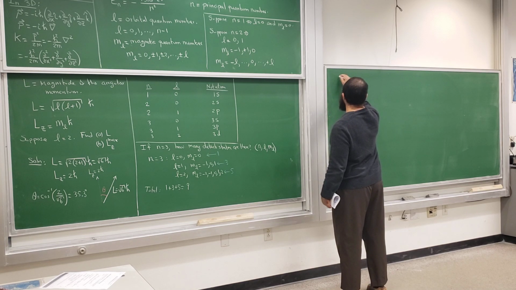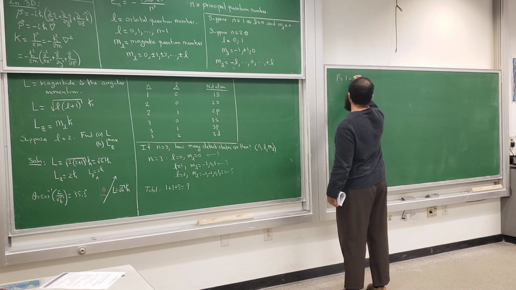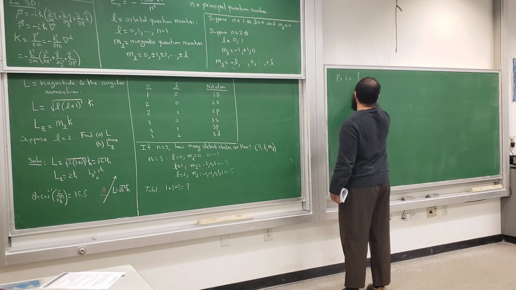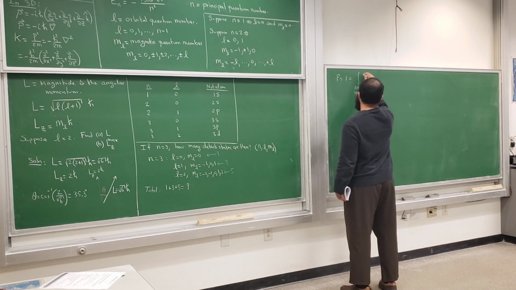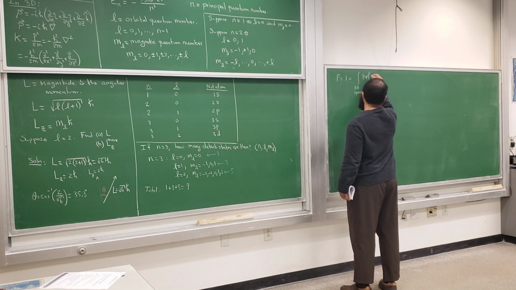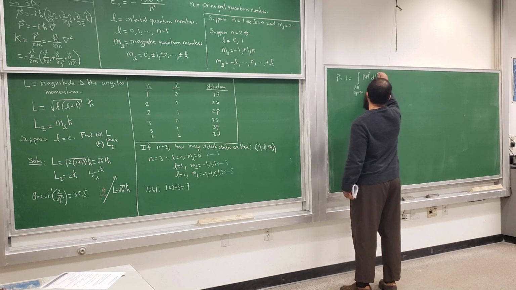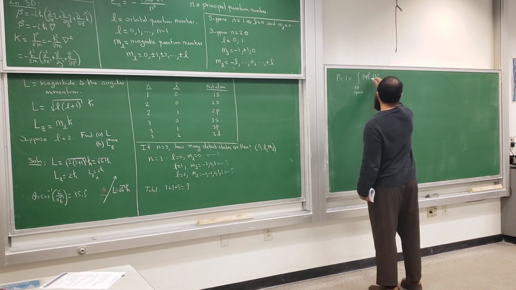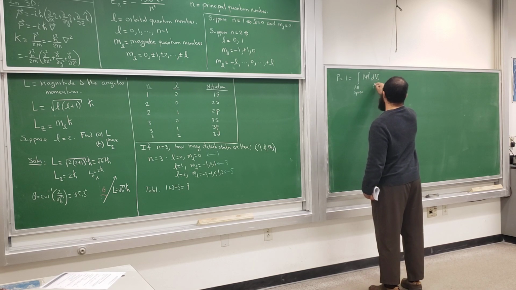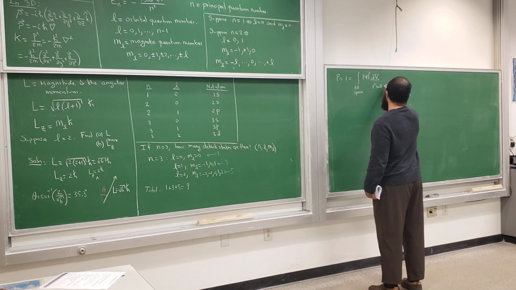To normalize a function, the probability would be 1 if I integrate all over space of psi squared dV. And if you remember, dV in spherical coordinates is r squared sine theta dr d theta d phi.